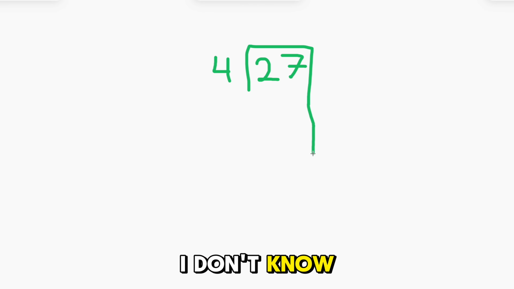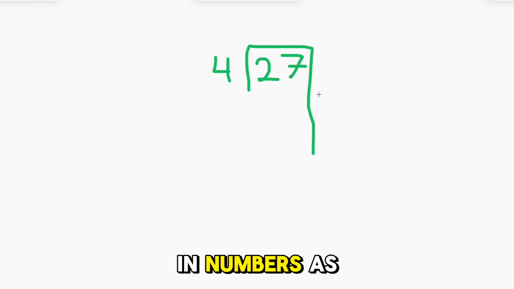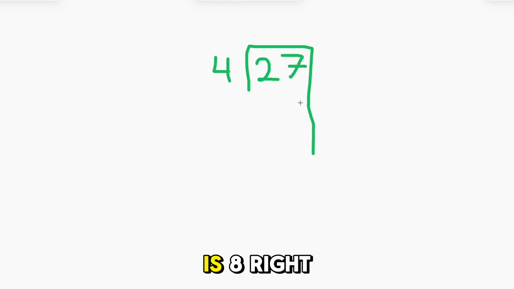I don't know what 4 times 5 is, or it's just too hard for me, and I don't know how many times 4 goes into 27. Well, that's fine. The great thing about the Dutch algorithm is that we can put in numbers as small as we want. So let's say I do know what 4 times 2 is. 4 times 2 is 8, so I'm going to put a 2 over here just to keep track of my multiplication.